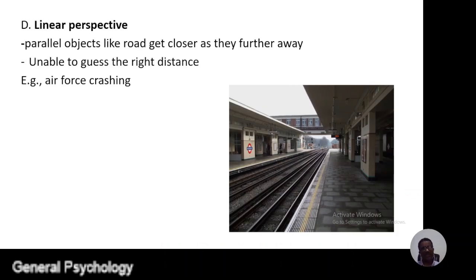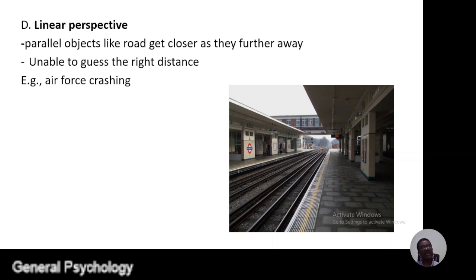The other point is linear perspective. Linear perspective means parallel objects like a road get closer as they go far away from us, or we are unable to guess the right distance. For example, mainly Air Force crashes happen because of linear perspective problems.